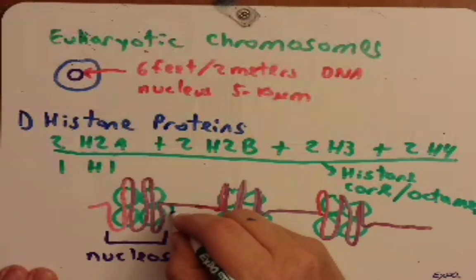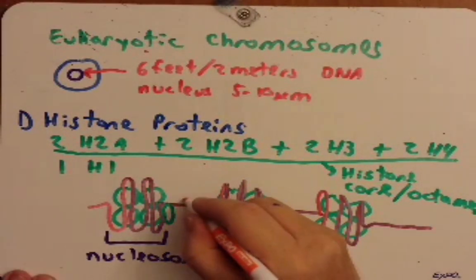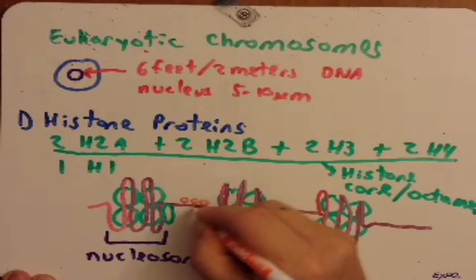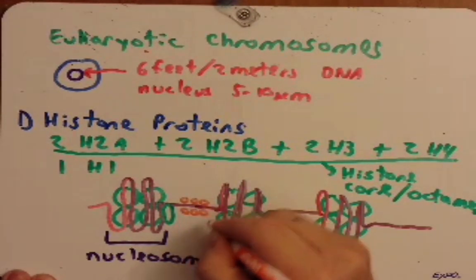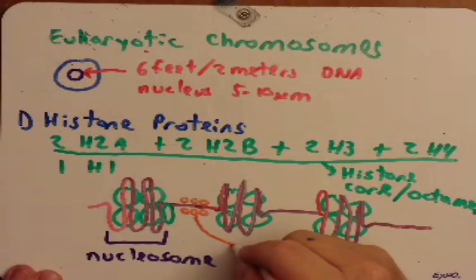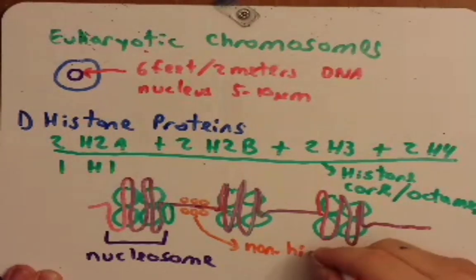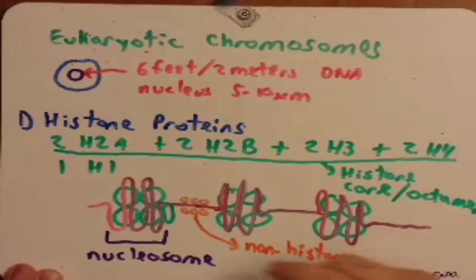But it is presumed to have a role outside of the octamer, outside of the nucleosome, and it functions in stabilizing the overall nucleosome. In between these nucleosomes, we have proteins that will bind to this space in between nucleosomes. And these have an incredibly clever name called non-histone proteins.